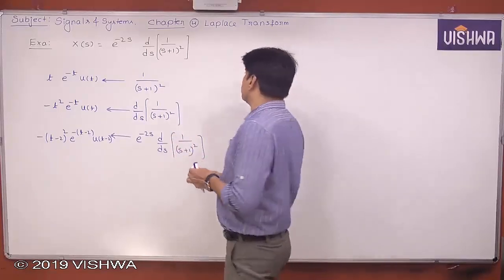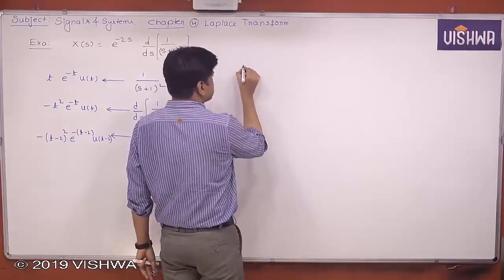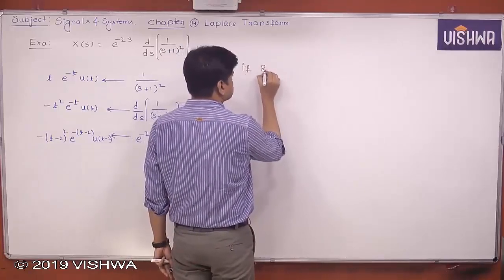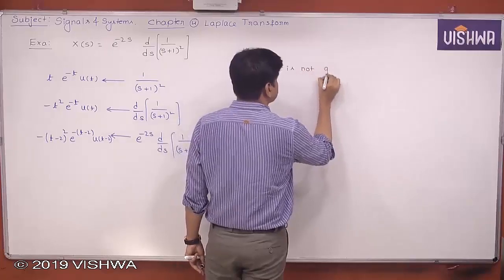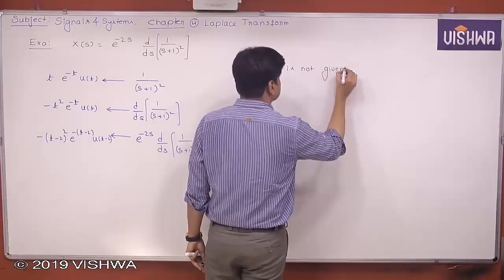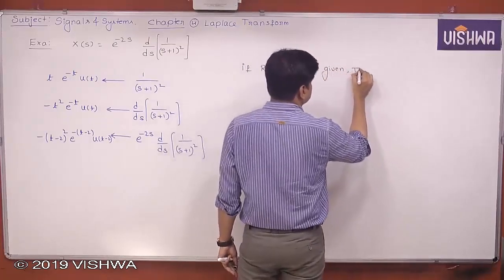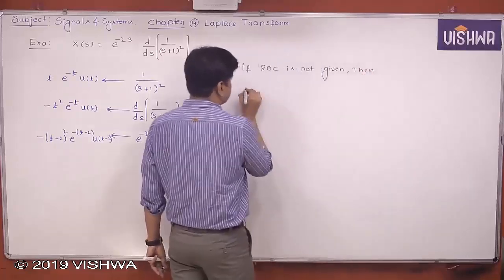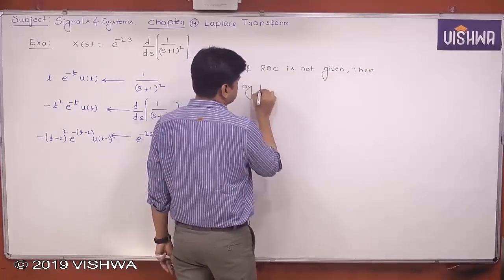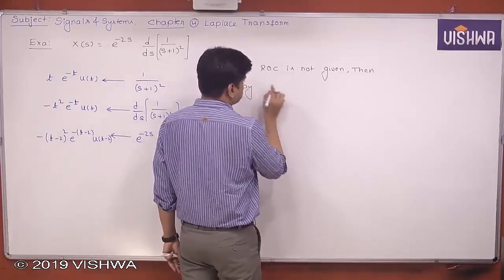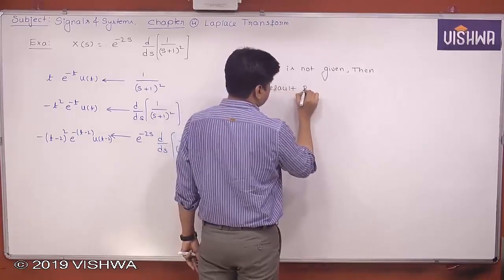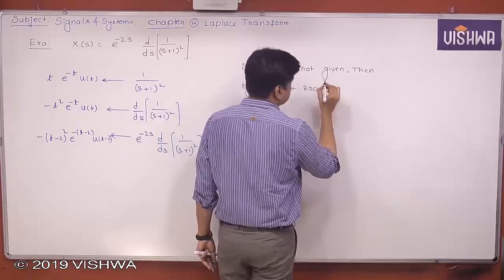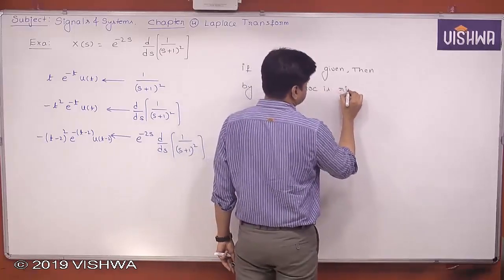So if ROC is not given, by default, ROC is right-sided ROC.